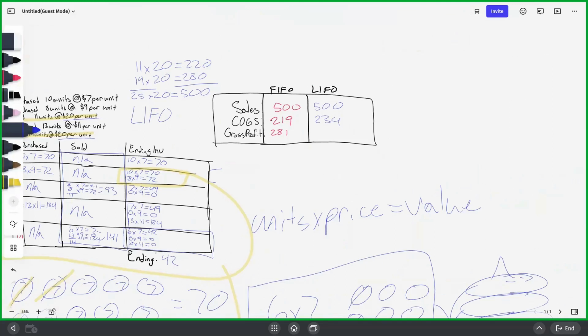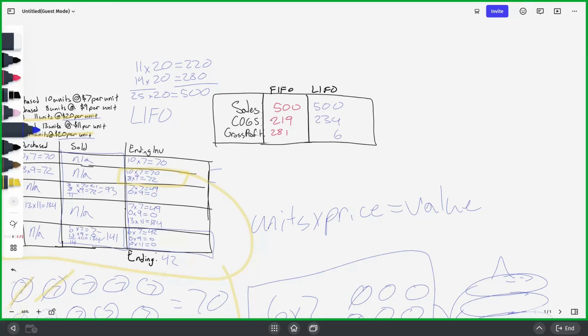The last thing is gross profit. Gross profit is revenue minus cost of goods sold. Isn't it like net sales technically if we're doing it like that?